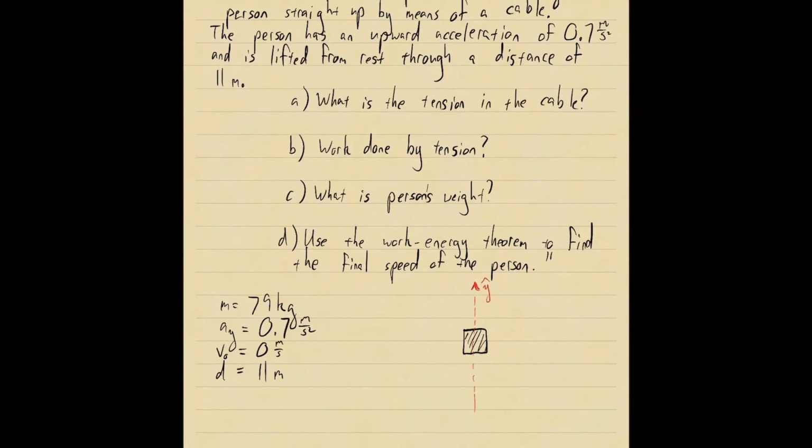So positive y is directly up. And there's two forces acting on this person. There's the tension force, T, pulling the person up. And then there's going to be the weight of the person pulling the person down.